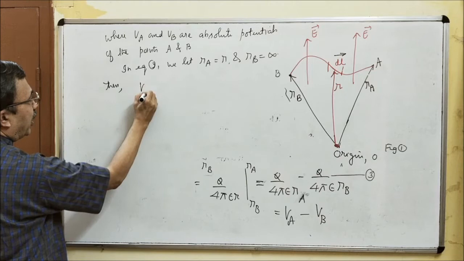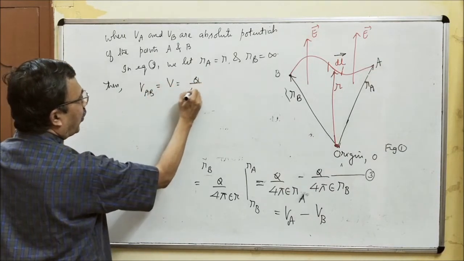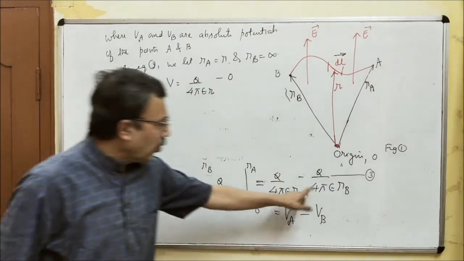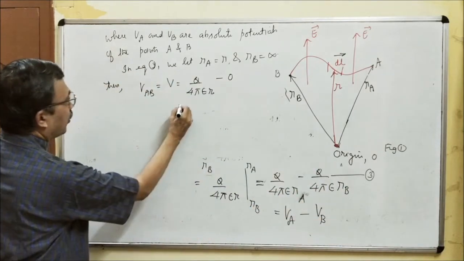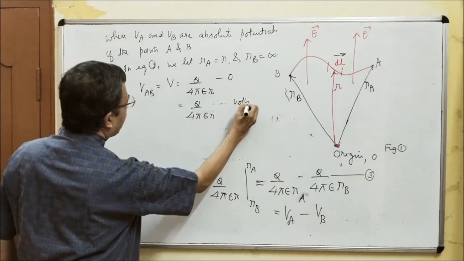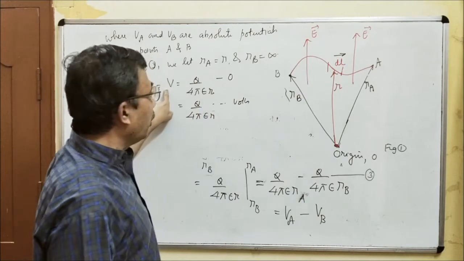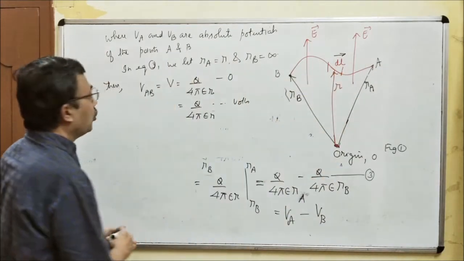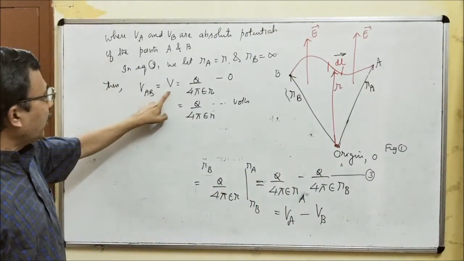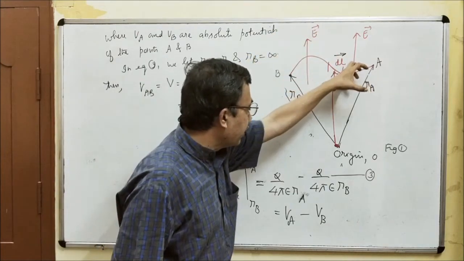Then VAB equals V equals Q divided by 4 pi epsilon into R minus 0, because when you put RB equal to infinity, this becomes 0. This gives Q divided by 4 pi epsilon into R volts. So V is the absolute potential at point A due to a point charge of Q coulombs kept at the origin.